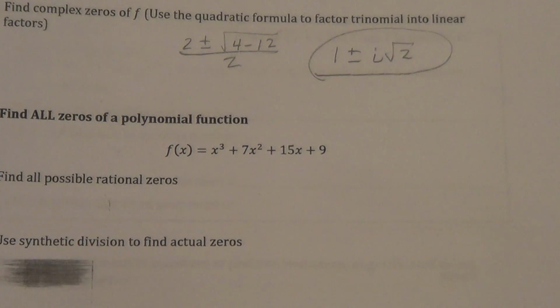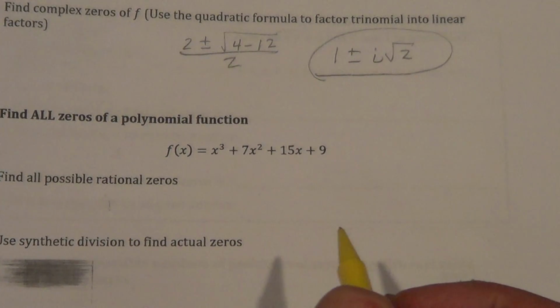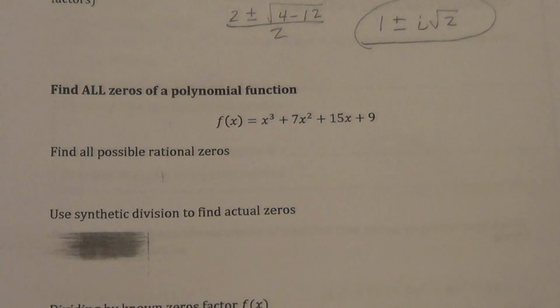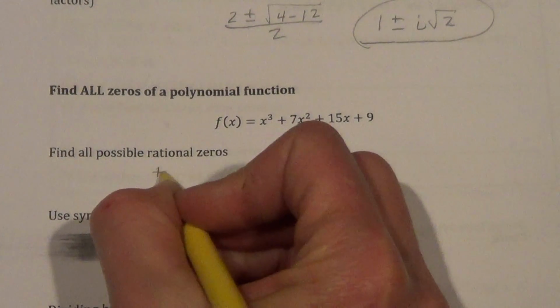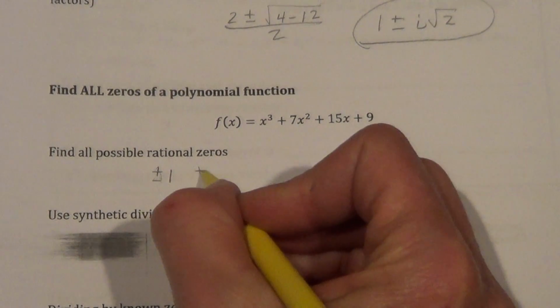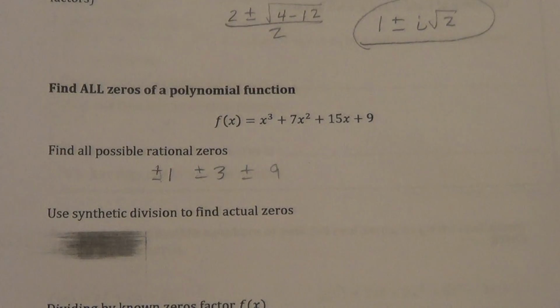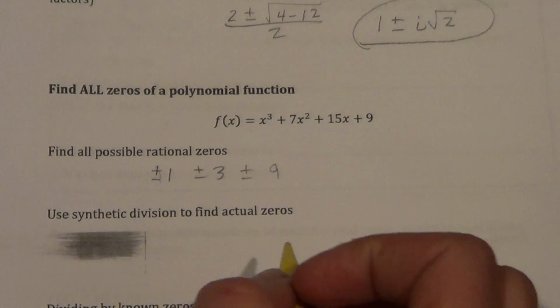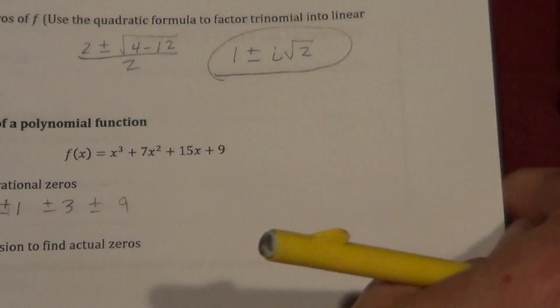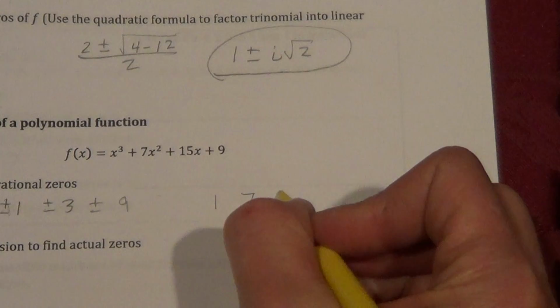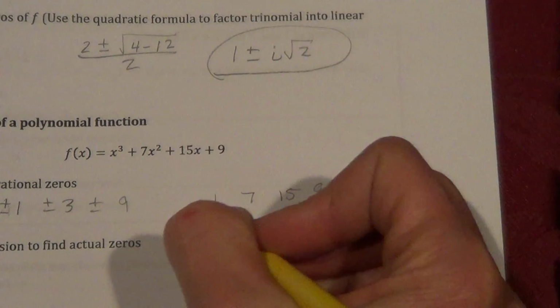I want you to go ahead and do the next one. Pause the video in between. Find all the possible rational zeros. It would be plus or minus 1, plus or minus 3, plus or minus 9. So as you plug those in, let's just go ahead and do one. We take the coefficients again, 1, 7, 15, and 9.